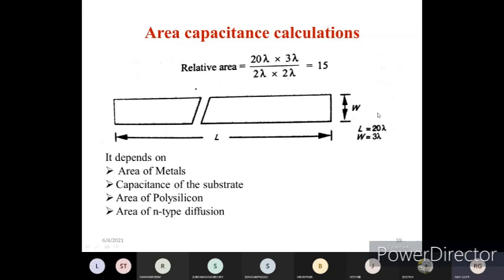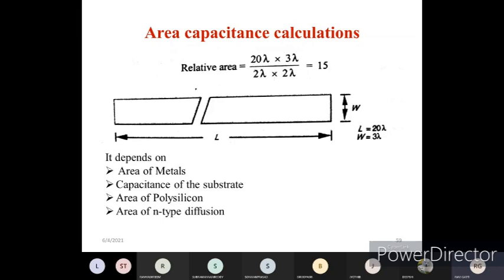Now for this diagram you can see the length and width. Length is 20 lambda and width is 3 lambda. So the relative area is 20 lambda into 3 lambda divided by the standard area. We know that the standard area is the miniature size of the lambda based design rules, so we have taken it as 2 lambda cross 2 lambda.